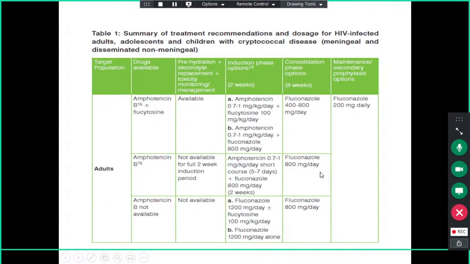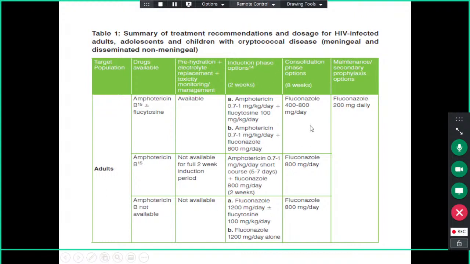And for treatment of Cryptococcus, I just wanted to say that any fungal treatment is very long. Initially both amphotericin and flucytosine are given for 2 weeks. Then microbiologically they check whether the fungus is growing or not. If the fungus doesn't grow on culture media, that means your patient is responding.